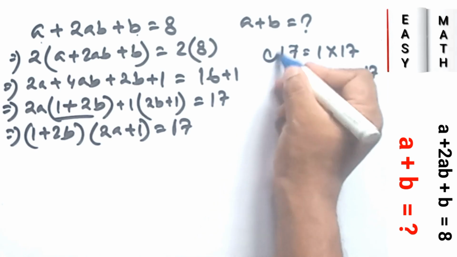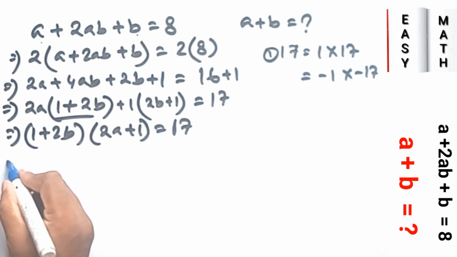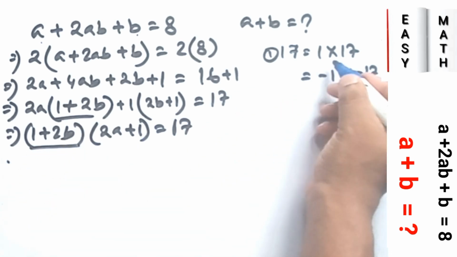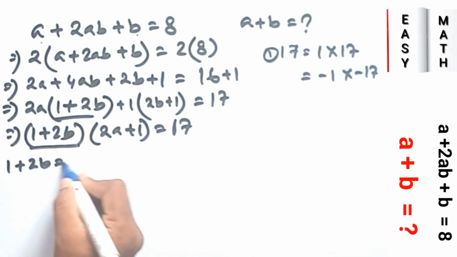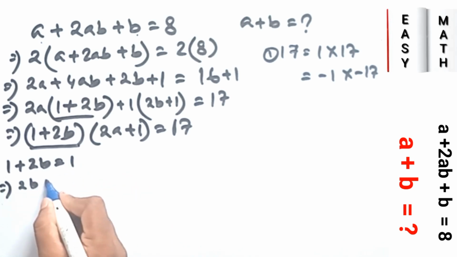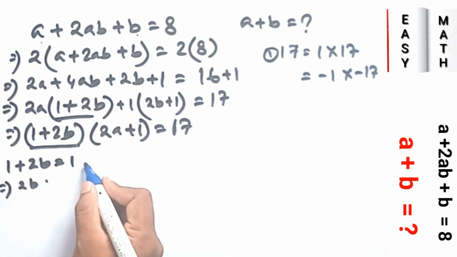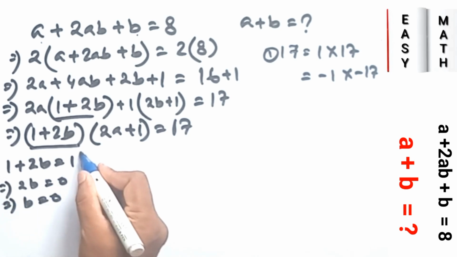So case number 1. 1 plus 2b is equal to 1, so 2b is equal to 1 minus 1, so 0, so b is equal to 0.